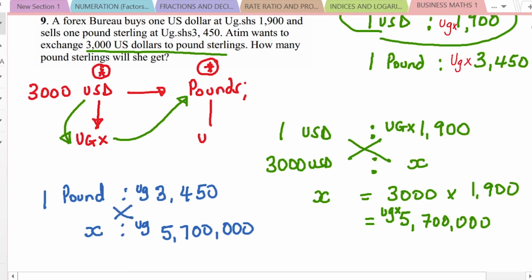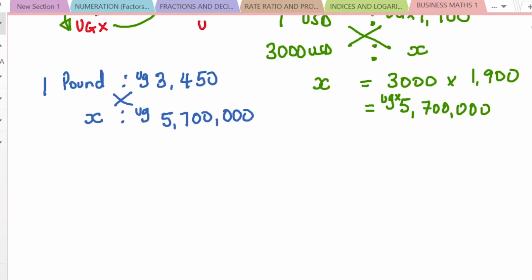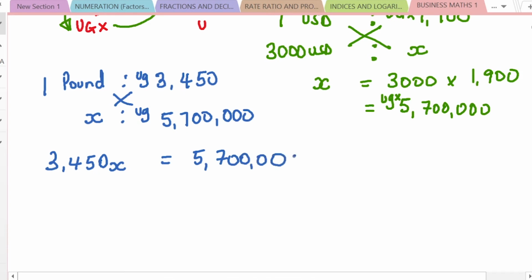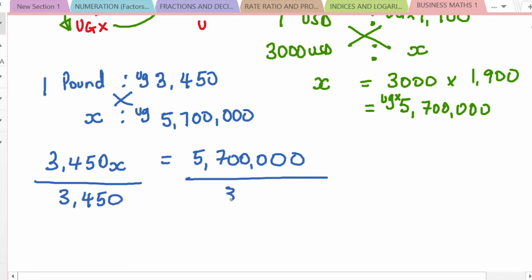Let's call that x and cross multiply. x times 3,450 gives us 1 times 5,700,000. Divide both sides by 3,450. We shall remain with the value of x, which is 1,652.17 pounds.